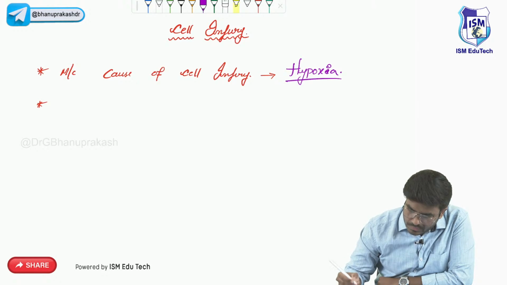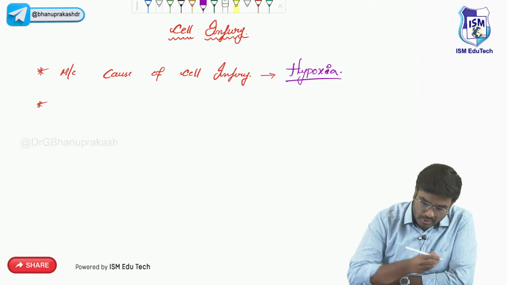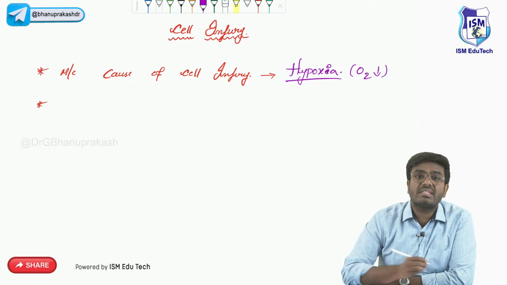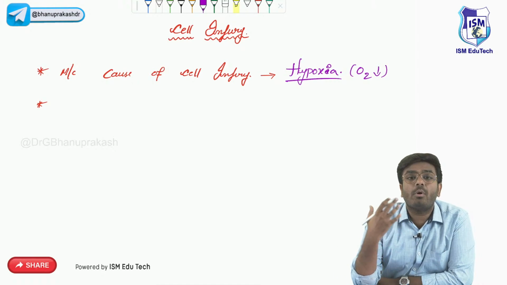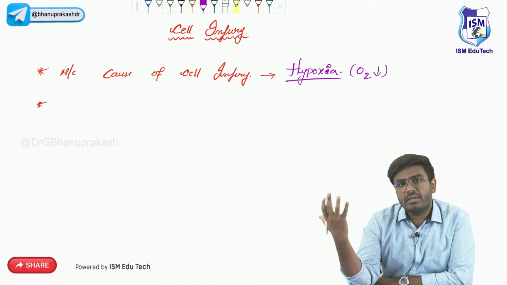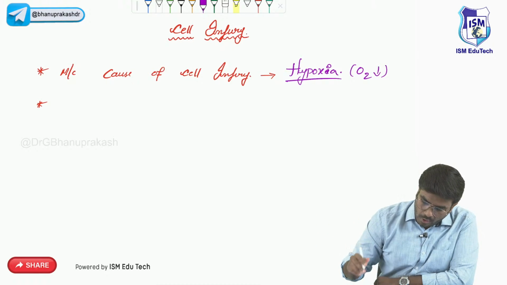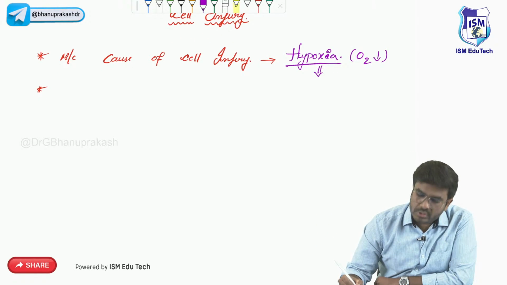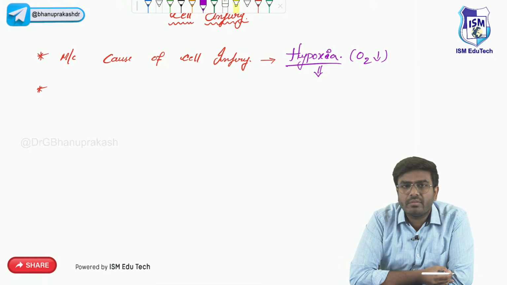Hypoxia. Now, what exactly do I mean by hypoxia? Hypoxia means oxygen delivery to the cell is decreased. There is not enough oxygen for the tissues or for the cells. Now, what is the most common cause of hypoxia? Why is oxygen not sufficiently being delivered to the tissues?